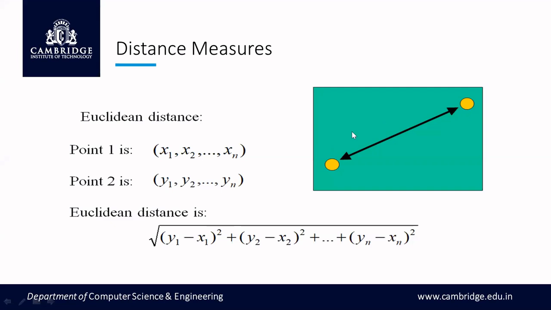So if you want to find the distance between the coordinates, it can be calculated using the Euclidean distance, where you take the sum of squares of differences between the coordinates. If this point is x1, y1 and this point is x2, y2, then the distance is the square root of (x2 minus x1) whole square plus (y2 minus y1) whole square. So this is your Euclidean distance.